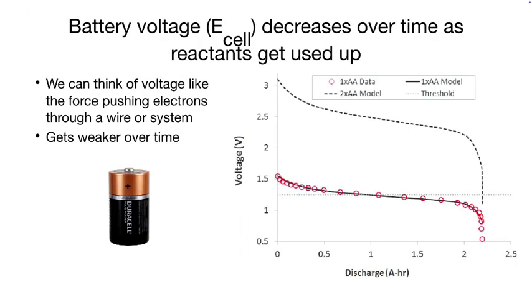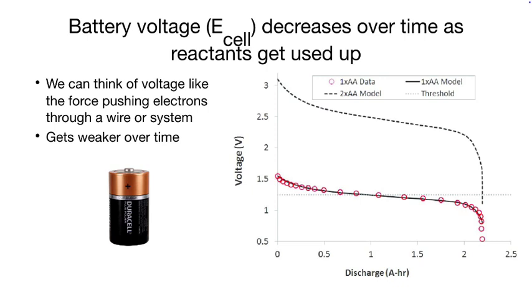So what this is looking at is how your cell potential decreases over time. You'll see your batteries start to lose power. If we're looking at a battery that initially had 1.5 volts, it's going to generate less and less power until eventually it has no power.